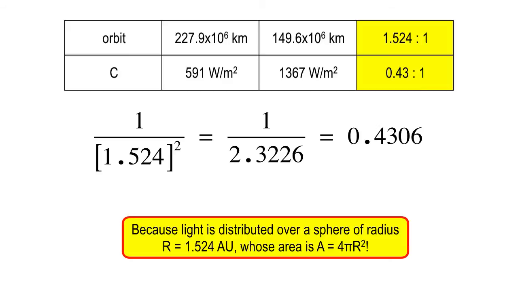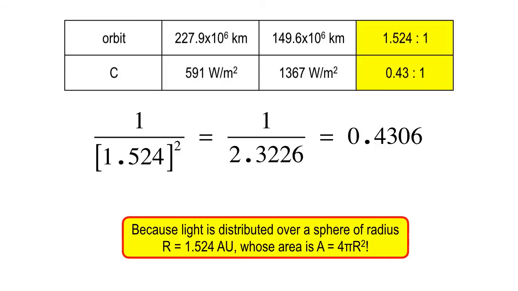By the time you get out to the Mars orbit, the dilution factor is 43%, or in other words, 1 over the square of the radius of Mars orbit. So that's why it is the way it is. 4 pi r squared is the basic formula for the surface of any sphere of radius r. It's a fairly simple formula, and hopefully it reminds you of the circle area, which is pi r squared. The sphere is just 4 times that.